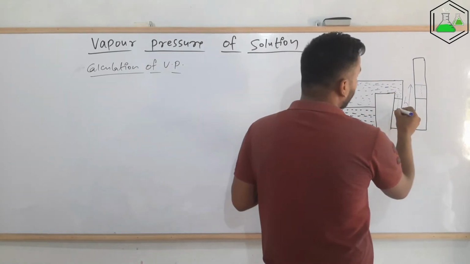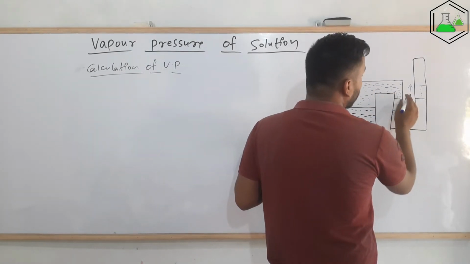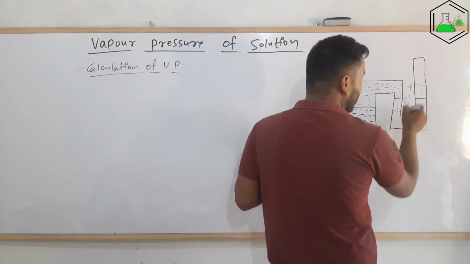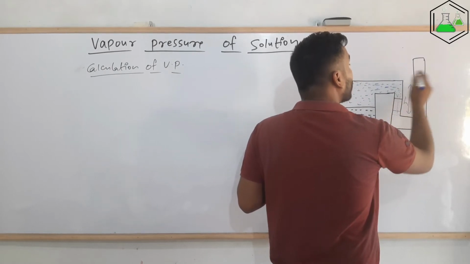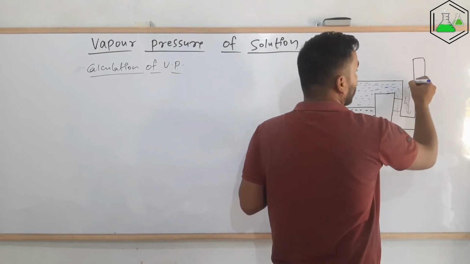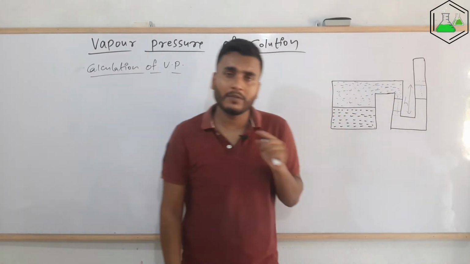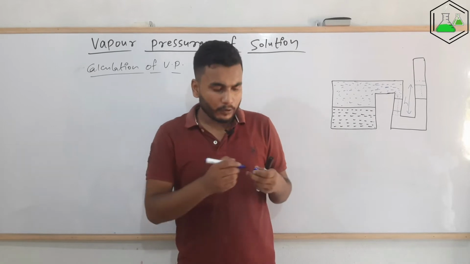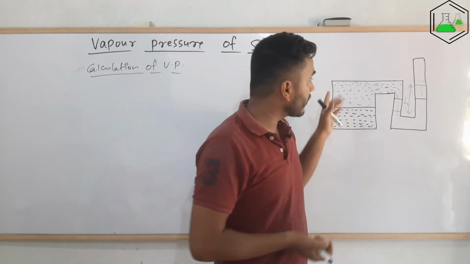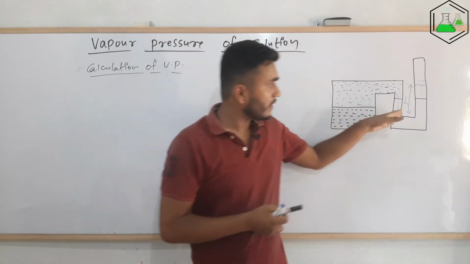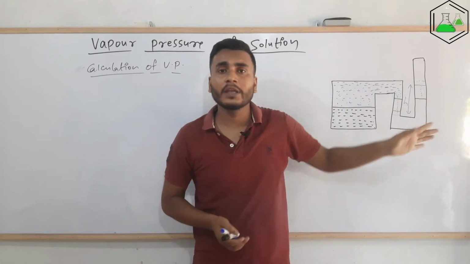And if more and more vapors are being formed, then this mercury level will keep on coming down, and this level will keep on rising, and as a result the value of h, small h, will keep on increasing, and the vapor pressure also increases. We know that if the temperature increases, then vapors are being formed, and the mercury level on this right side will keep on increasing.